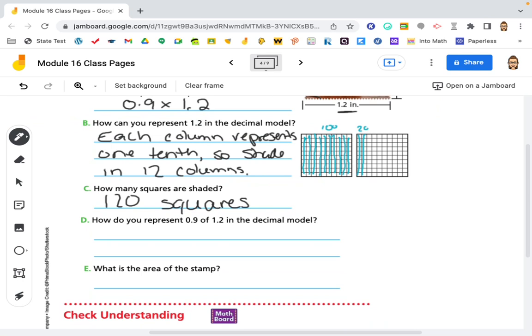So how do you represent 9 tenths of 1 and 2 tenths in the decimal model? Well, we would shade the first 9 rows with another color.